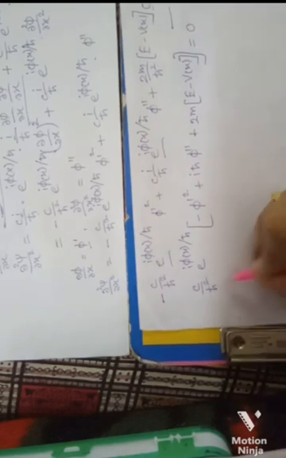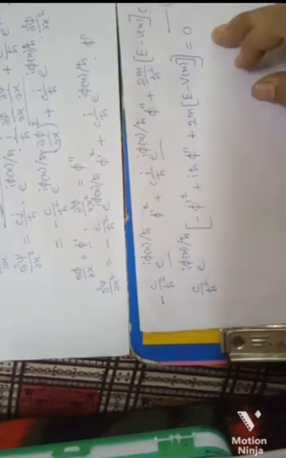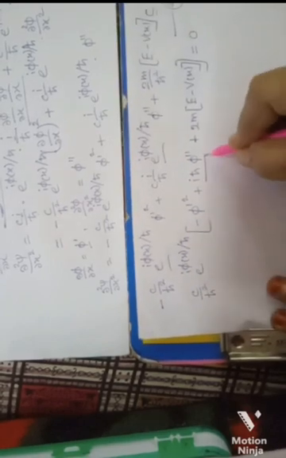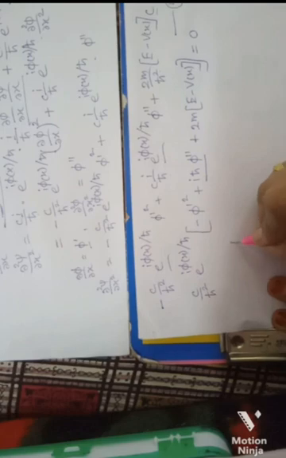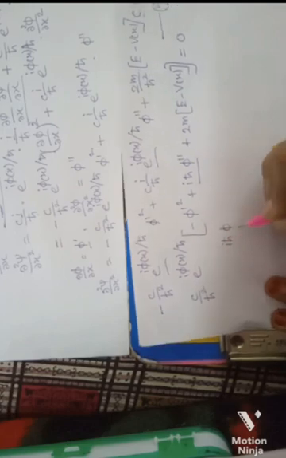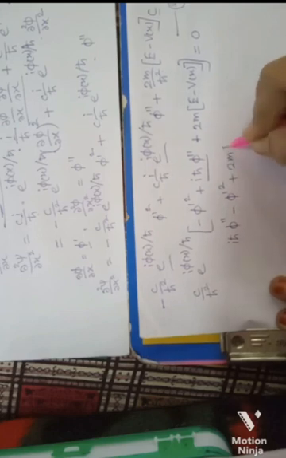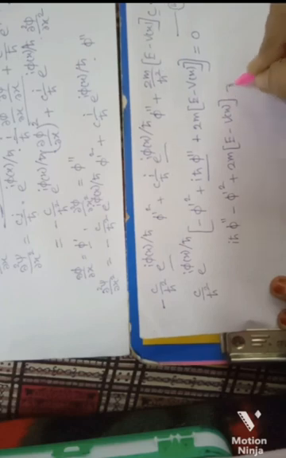So this term also goes to this side and is 0. First we will put the positive term, so i h cross phi double prime minus phi prime square plus 2m into e minus v of x is equal to 0.